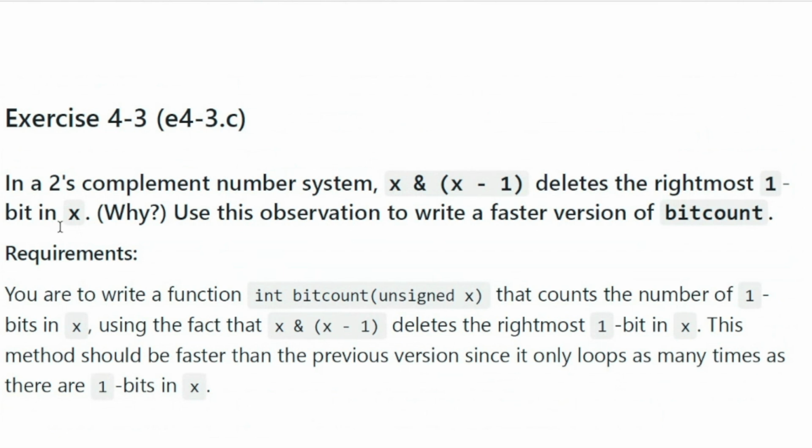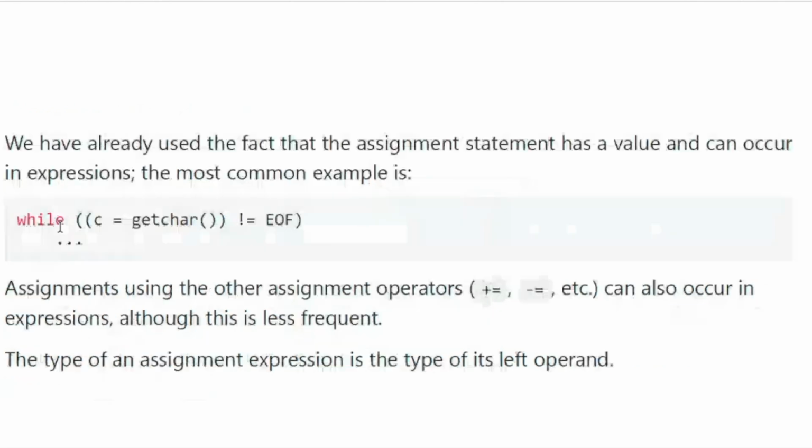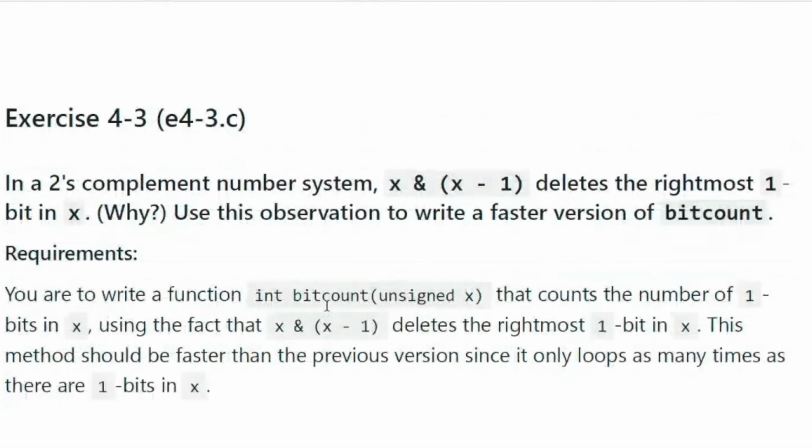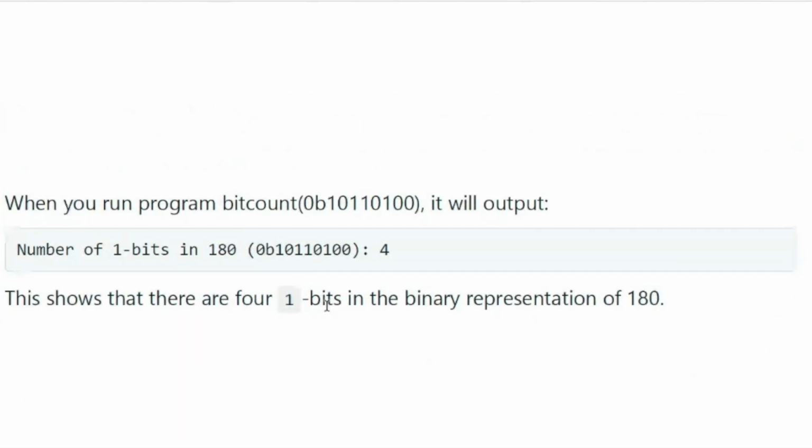So let's try to use this way to develop a faster version of the bit count. And hopefully you are using this expression we just showed you, the more compact version of the expression. Well, if not, that's fine. You can try it with this example, 10110100, right? Hopefully it will give you the output as 4.